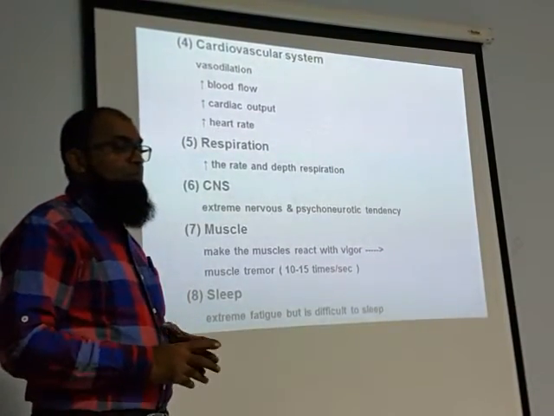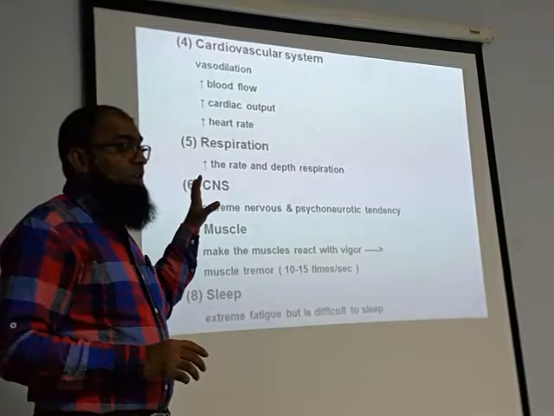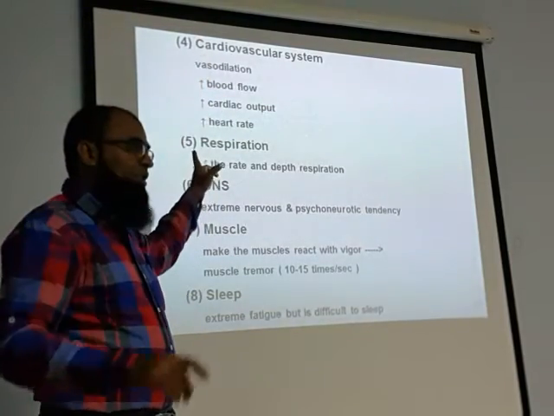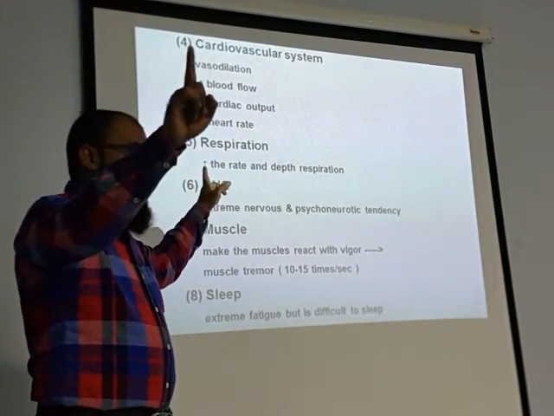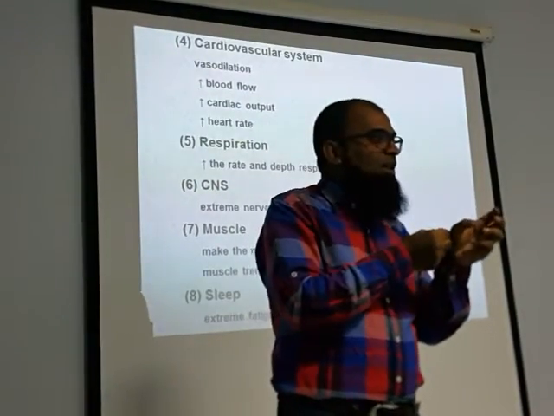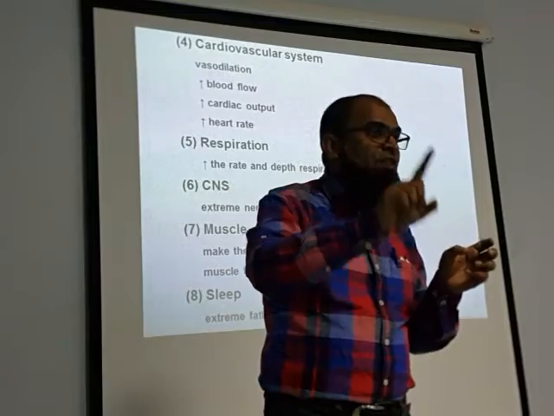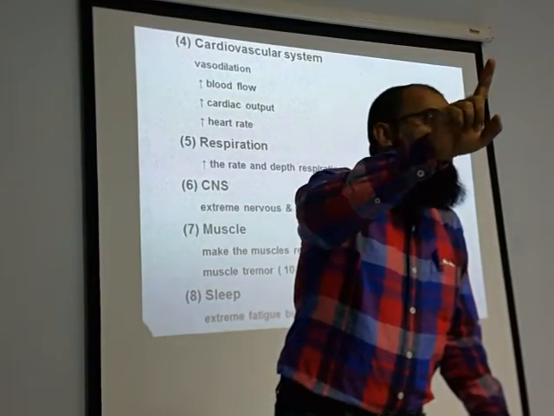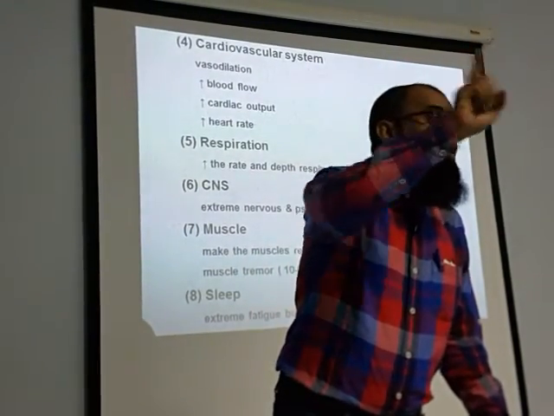Then the cardiovascular system. Very typical actions are there. Again, no confusion, you concentrate here. Vasodilatation means dilatation of the artery. Vasoconstriction and vasodilatation regulate diastolic blood pressure.